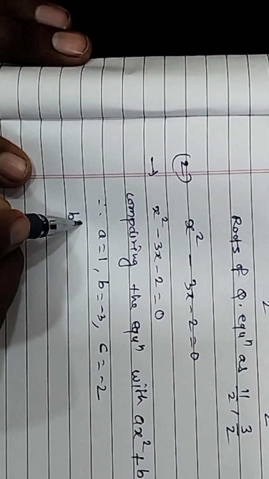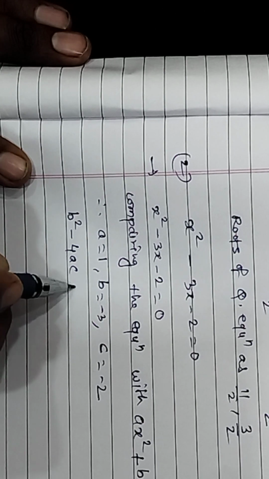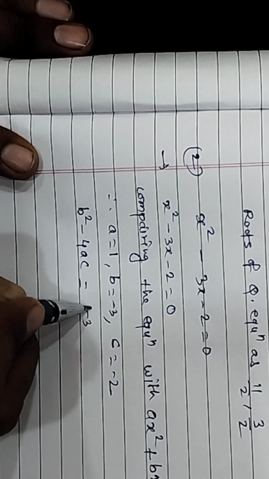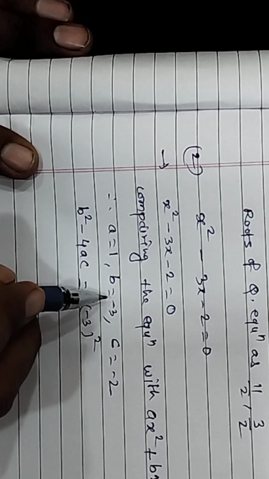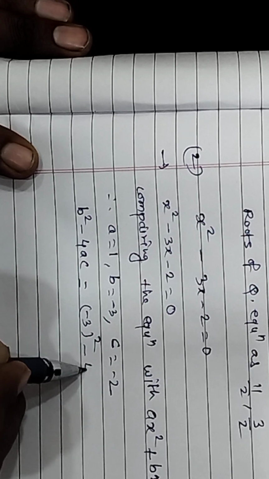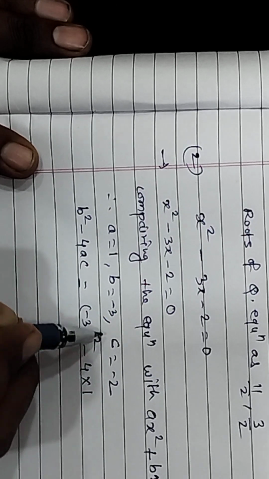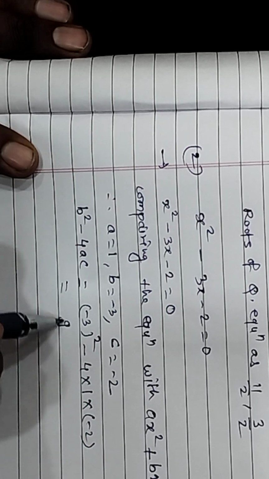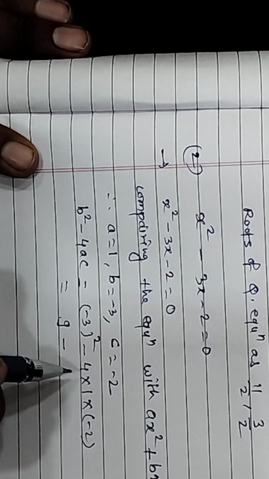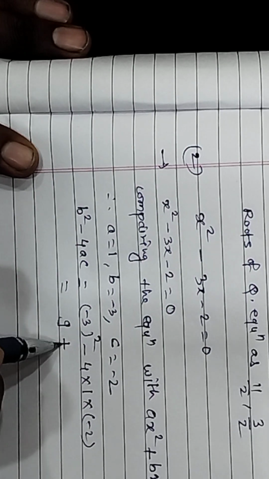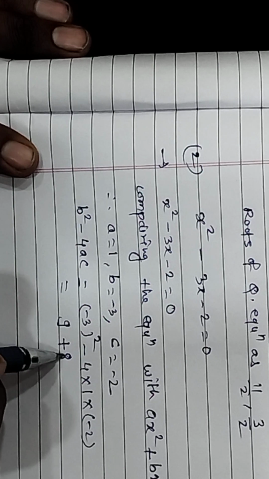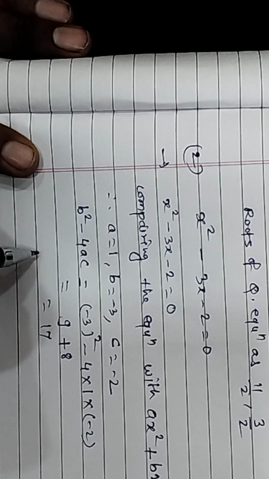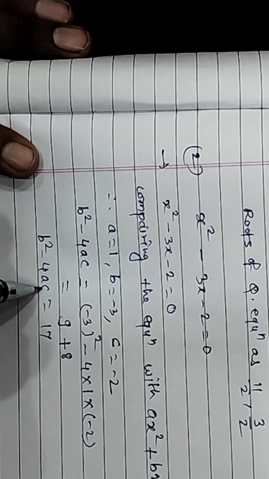Then we can get the value of b square minus 4ac is equal to minus 3 square minus 4 into 1 into minus 2. Then 9 minus 4 into 2, that is 8. Minus into minus is plus. Then 9 plus 8 is equal to 17. Value of b square minus 4ac is equal to 17.